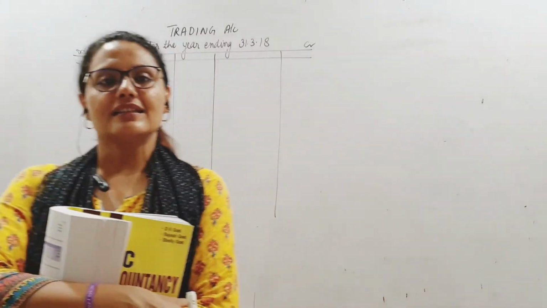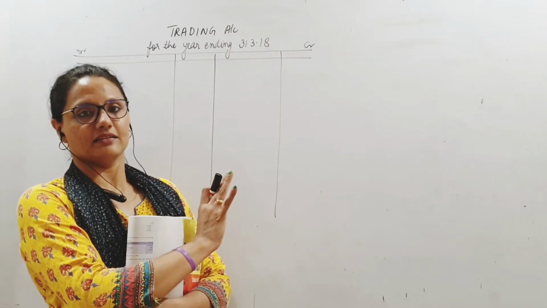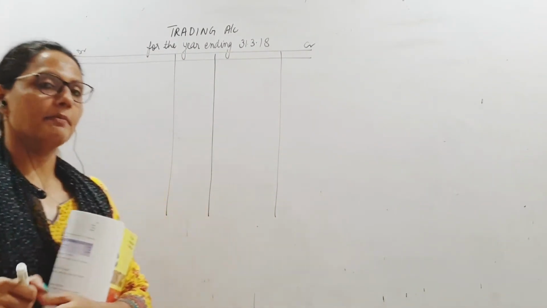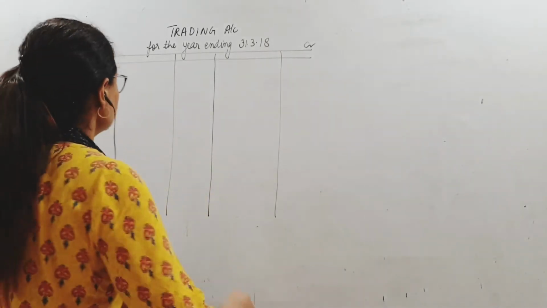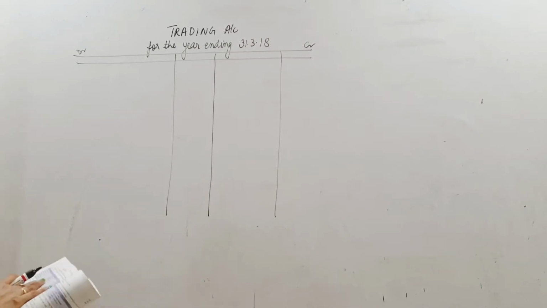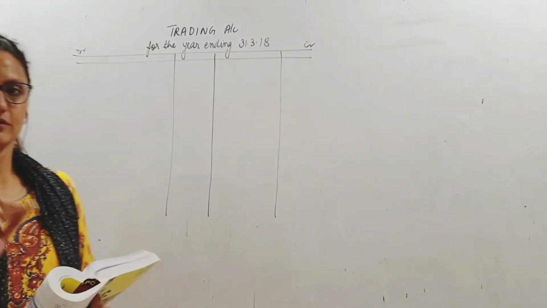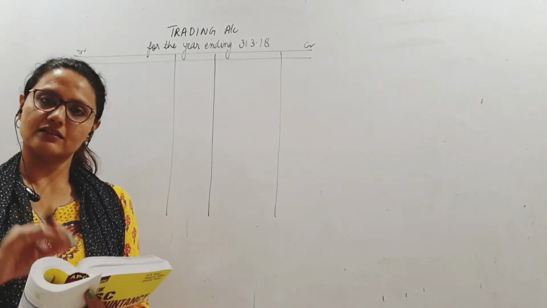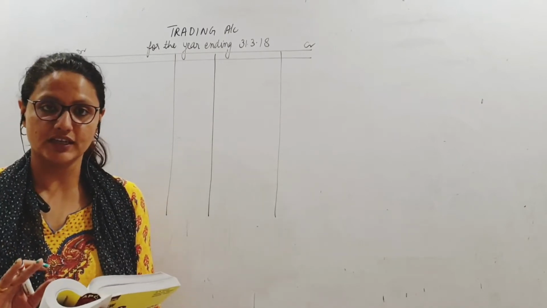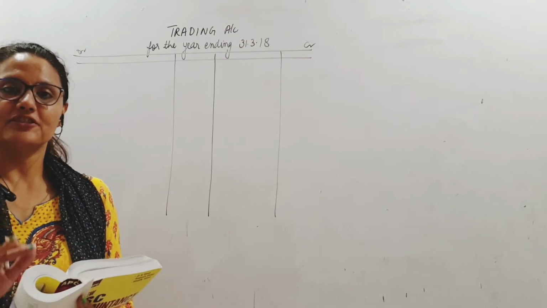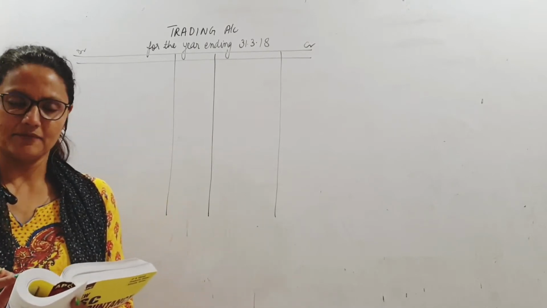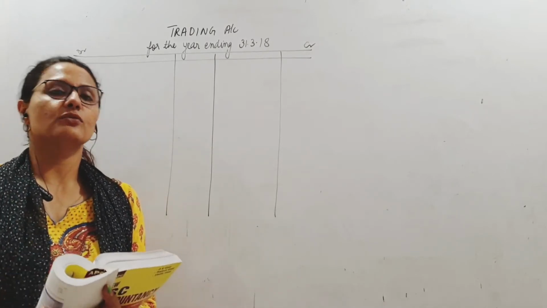Now, that entire thing you will see here, and then its comparison and how to find out gross profit. Now let us put these. Opening stock. All these figures you can get from the trial balance, because these are the year-ending ledger account balances. Opening stock is showing 2,50,000.